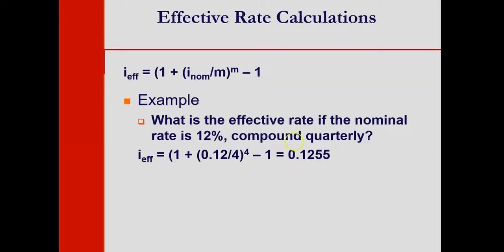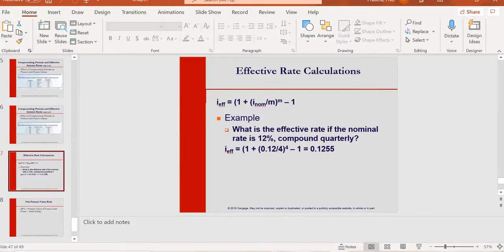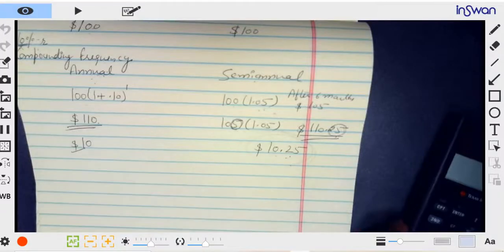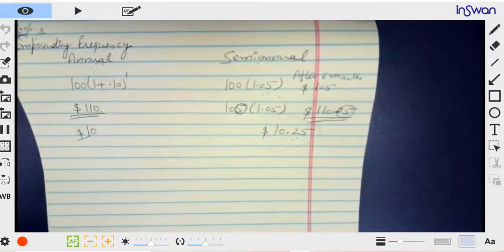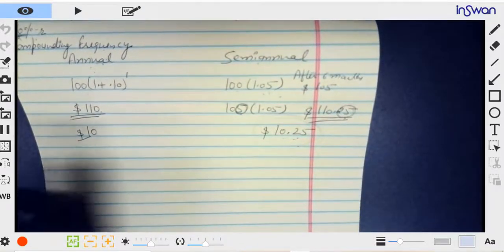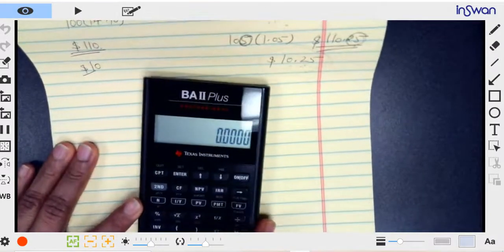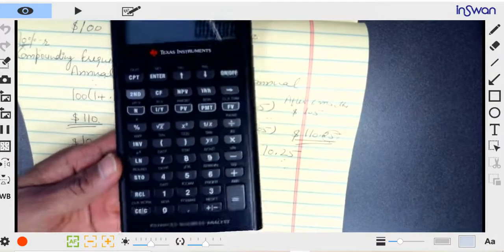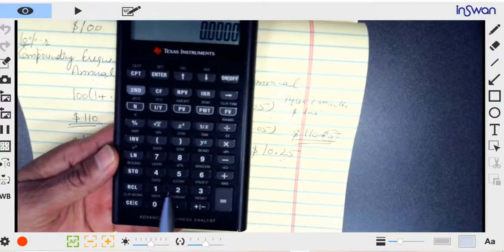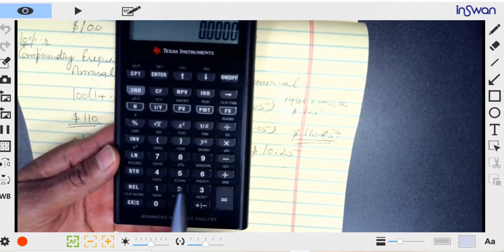So you can do the same thing using the financial calculator. I can show you how. In the financial calculator, I'll tell you what function you use. Do you see here on the number 2, right above the number 2, ICONV?